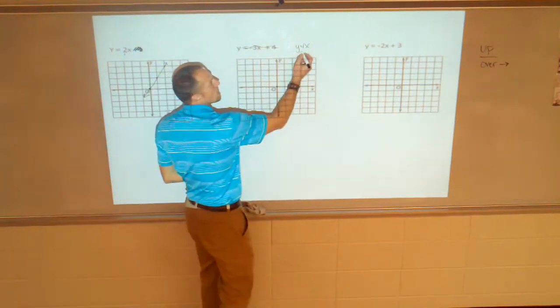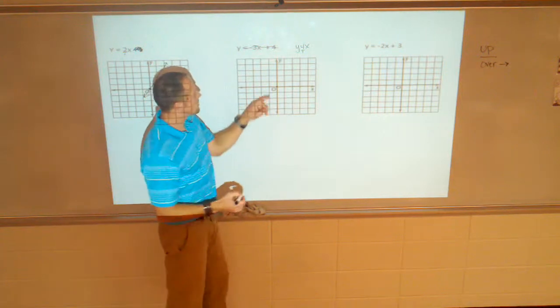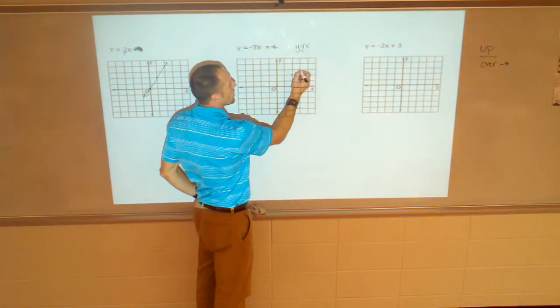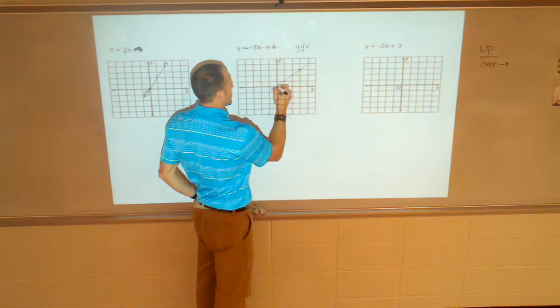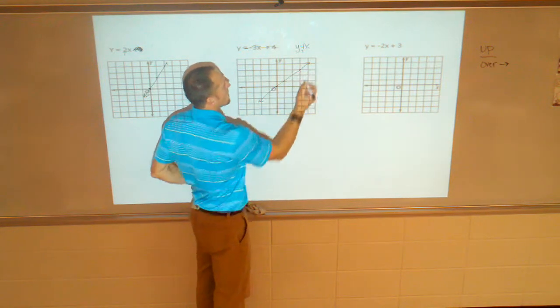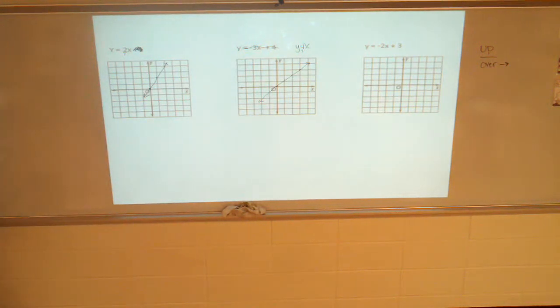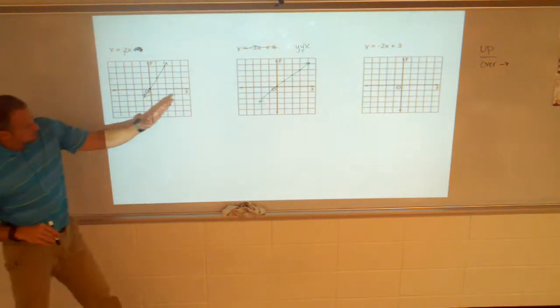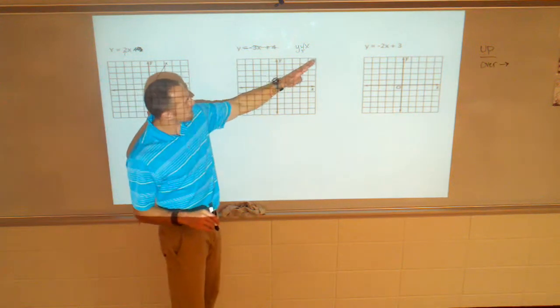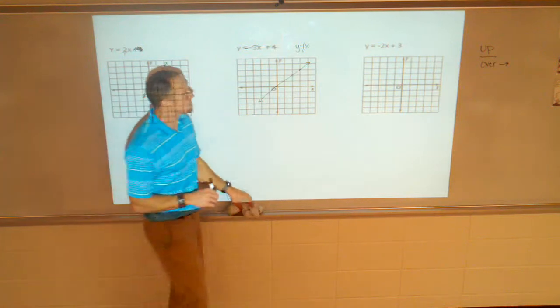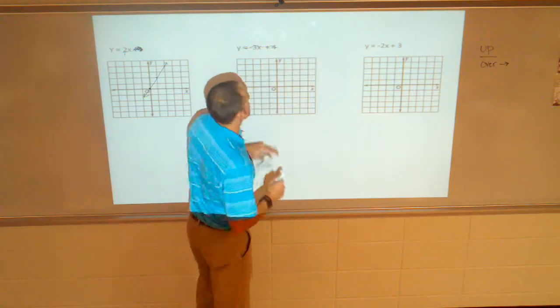Up 1, over 1. So from here, up 1, over 1, up 1, over 1, up 1, over 1. And this is a graph that we should recognize. Y equals x is just a straight line going at a 45-degree angle. That's y equals x.